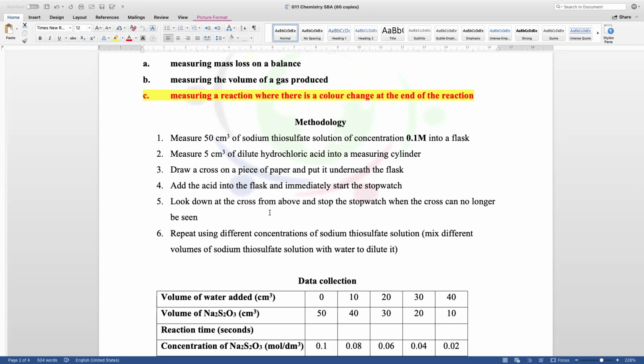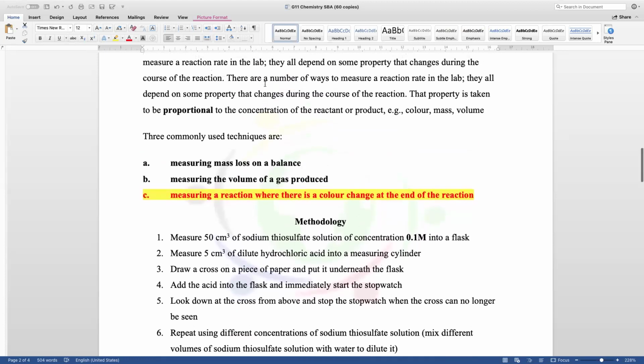We need to understand that the rate of a chemical reaction can be studied by considering how quickly the reactants are used up or how quickly the products are being formed. In as much as those two things are happening, you expect a mass change, a volume change, as well as a change in color.